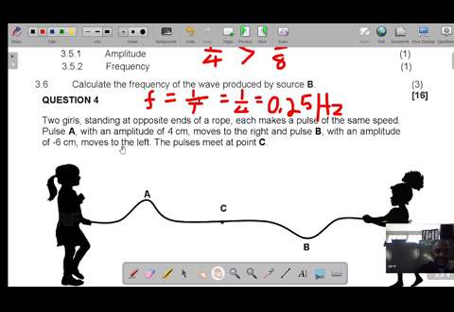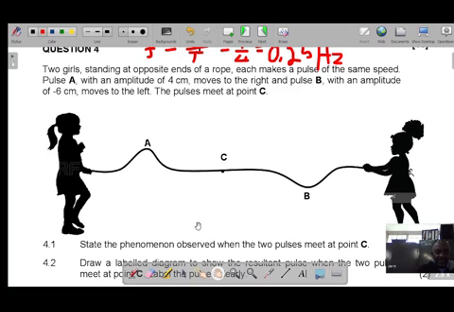The pulses meet at point C. The first question says: state the phenomenon observed when the two pulses meet at point C. When they meet at point C, they interfere, and the phenomenon is called superposition.